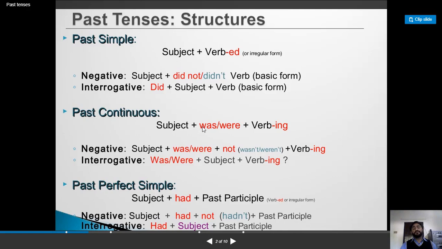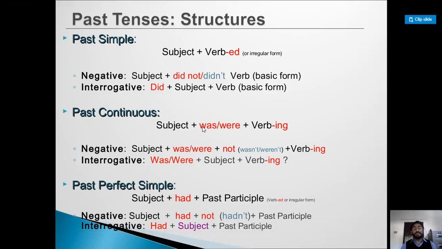For example, he was playing cricket. They were eating bananas. We were writing our assignments. So subject, then was or were, and then the ing form.